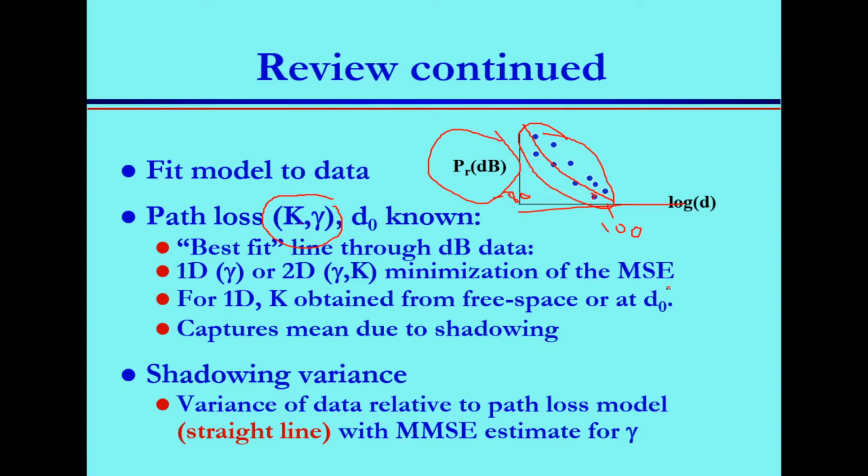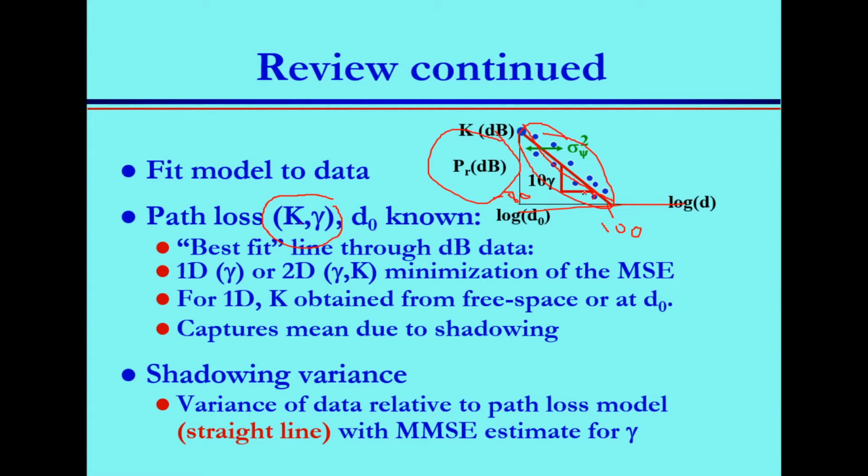Shadowing, what's shadowing? See, shadowing is basically this, the green variable, which we call the variance. After I plot the model with the line that represents the path loss and shadowing, how far the points I have measured are from the line represents the variance.